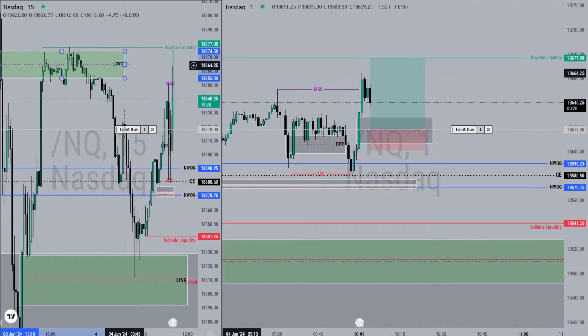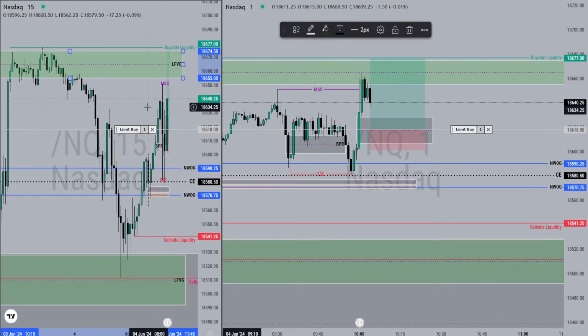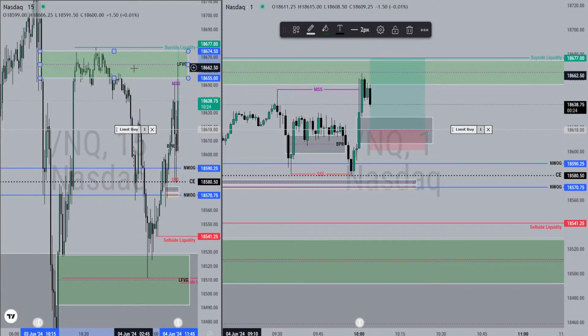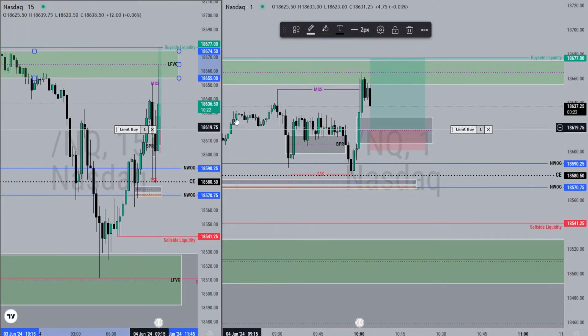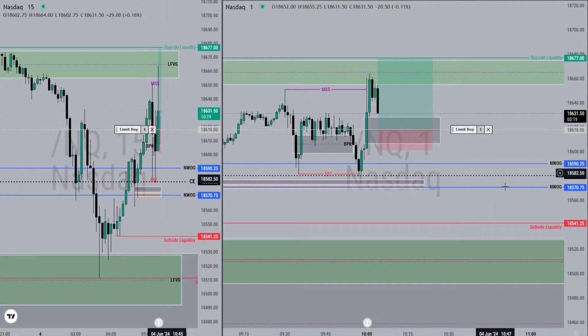Okay, so you can see market has traded this 15-minute last fair value gap over there, the extreme last fair value gap around that area. So yeah, let's see.